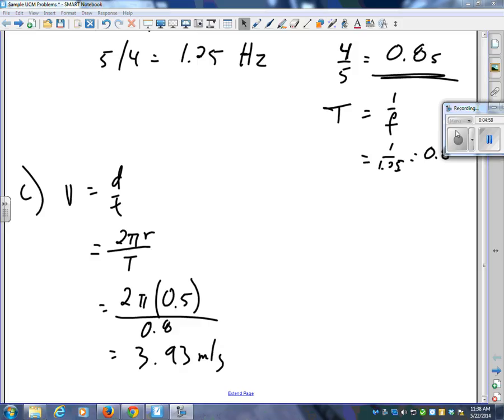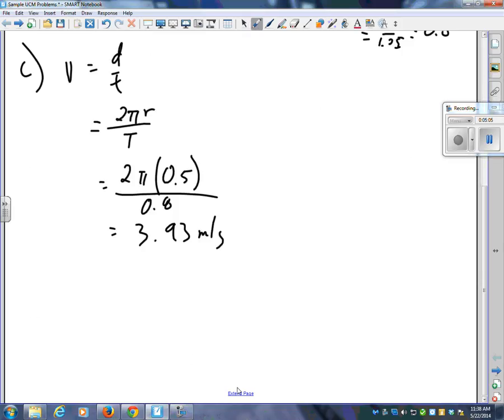Now the next step is to find the acceleration, right? It's v squared over r. Okay, so let's do that. Now, a lot of kids ask me, sometimes I use little r, sometimes I use big R. I'm trying to work towards big R because my little r's are kind of hard to write.